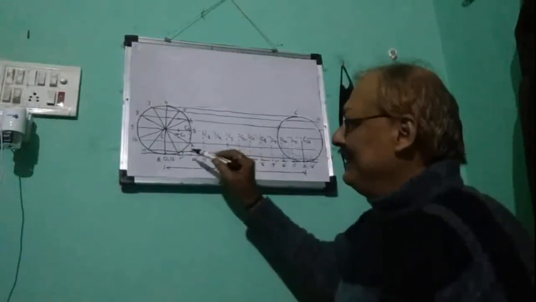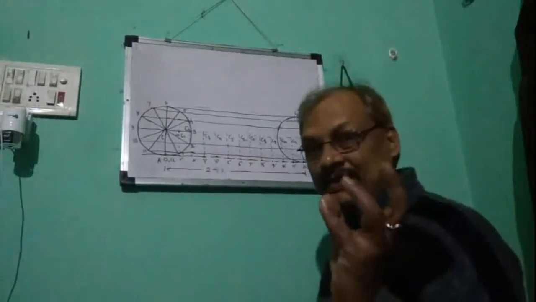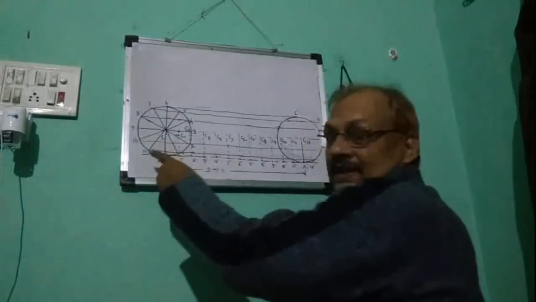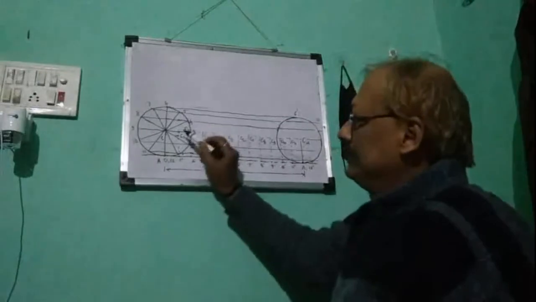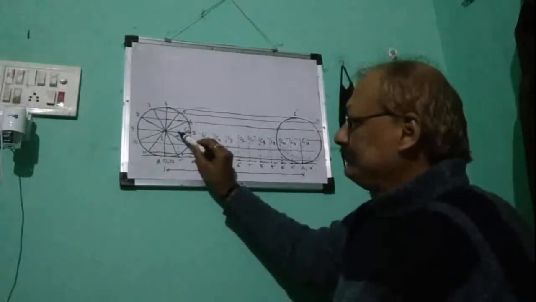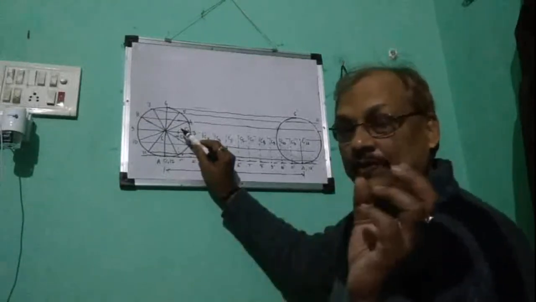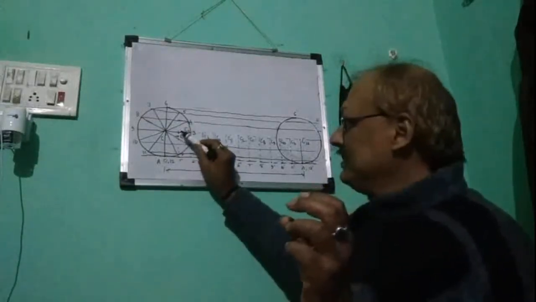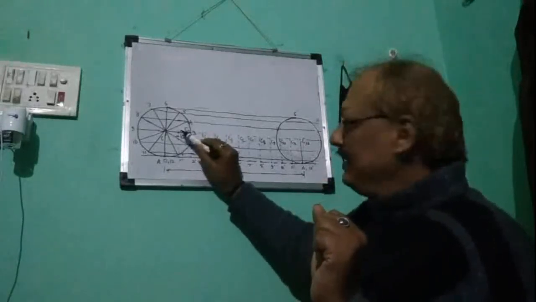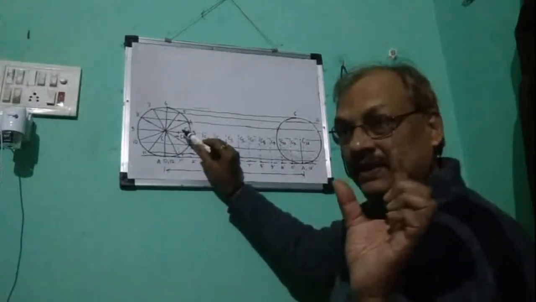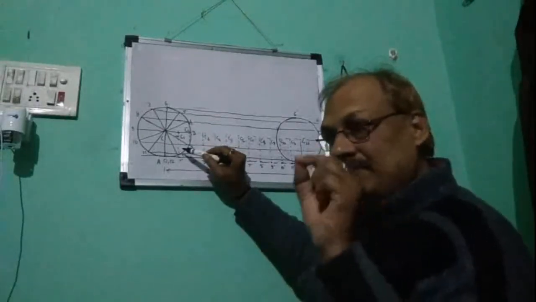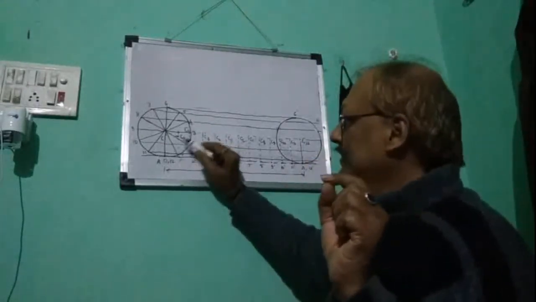So how will we locate the position of A? We know that A will be on this line, but where? So the center of the circle will be this, and the distance of A from the circle center will be how much? R. So we will take center C1 and make an arc equal to R, small r, isn't it?